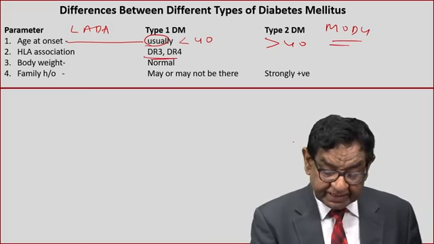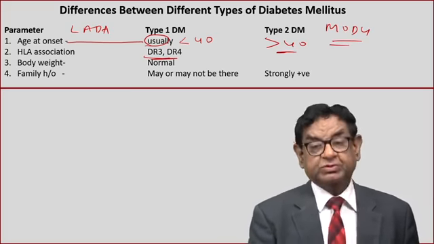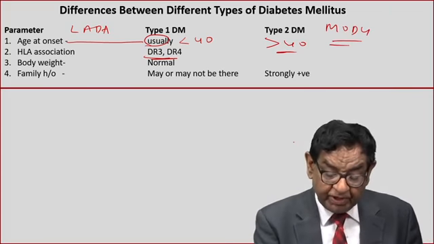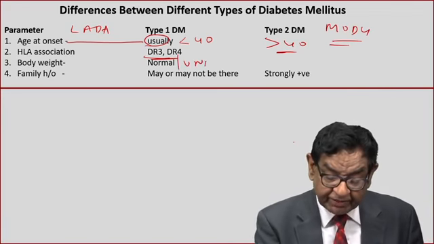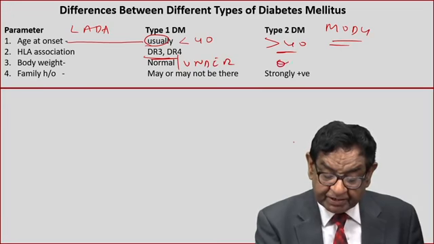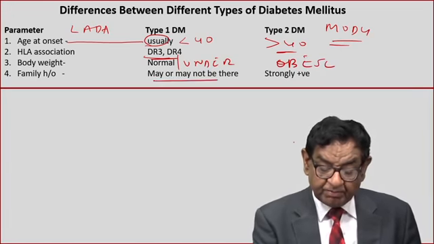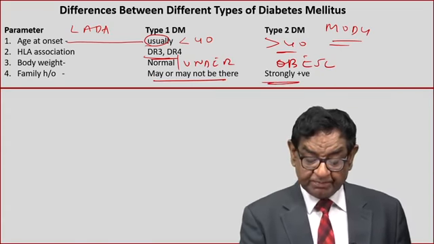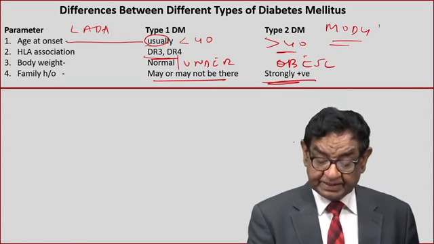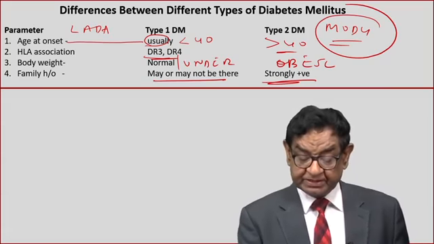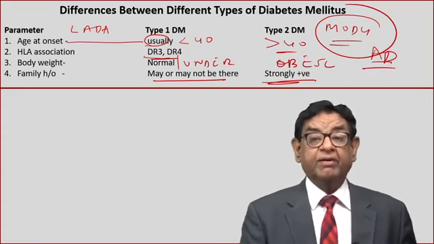HLA association: in type 1, HLA DR3, DR4; in type 2 there is no association. Body weight in type 1 is normal, sometimes underweight, but in type 2 they are really obese. Family history may or may not be there in type 1; in type 2 it is strongly positive. And in MODY it is definitely positive because this entity is autosomal dominant.